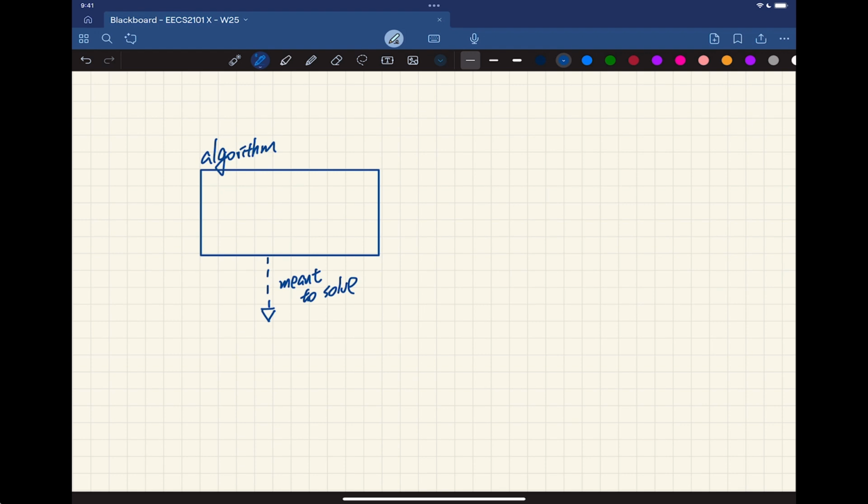I'm going to put a computational problem here. And as we said on the slides, in order to define a computational problem, you have to specify, given the input, what will be the corresponding output. So you got some input, and also what will be the expected output.